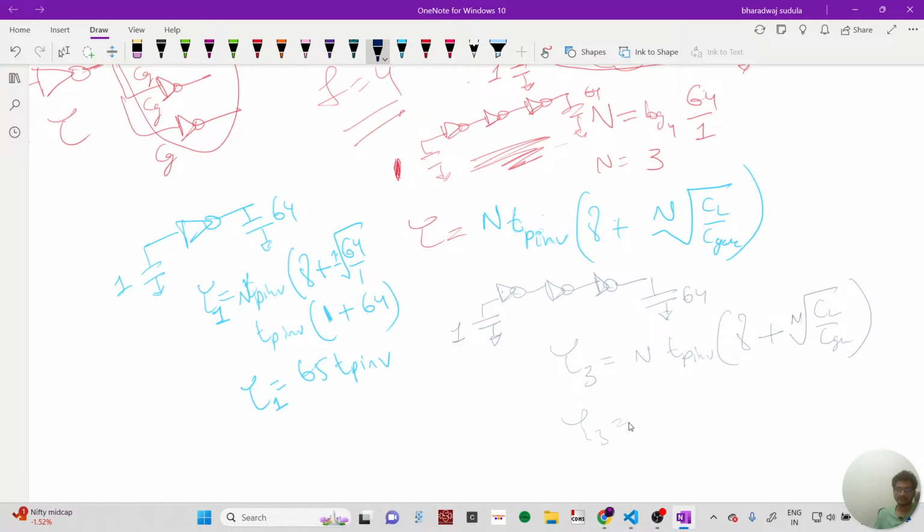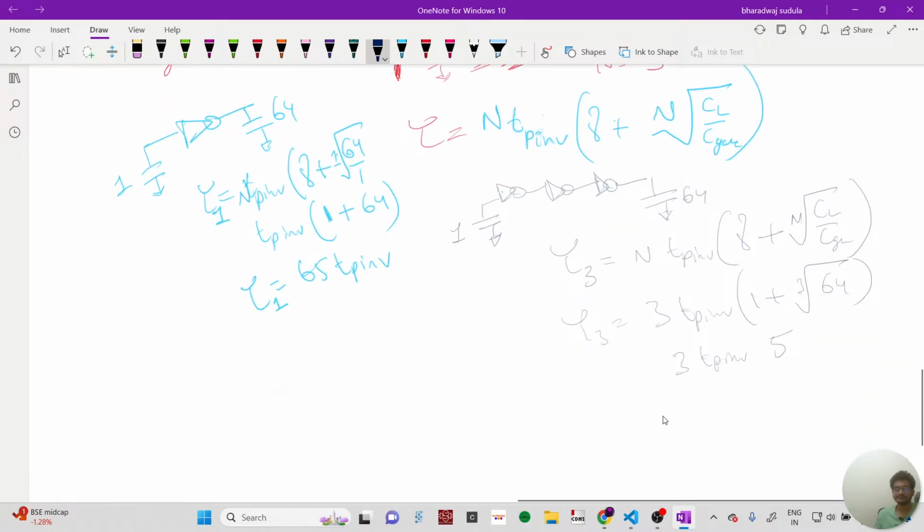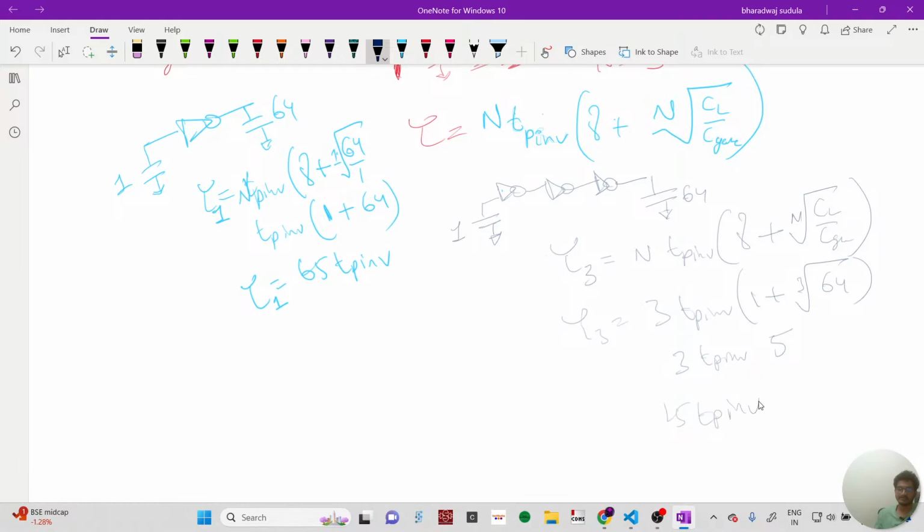So tau 3 is 3 TP inverter times 1 plus cube root of 64. This is 4, so 5 times 3 TP inverter, 15 TP inverter.